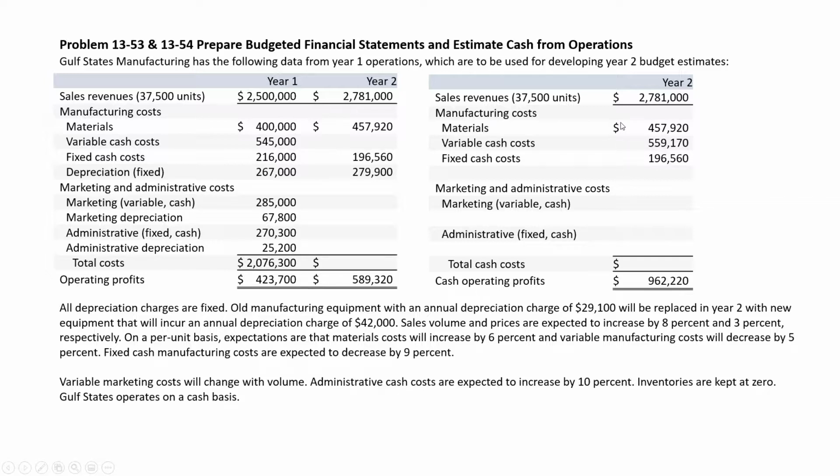Yes, sales revenue, materials, variable cash costs, and fixed costs that don't have anything to do with depreciation are also going to affect cash, but you'll notice that I didn't slide over the titles for depreciation because, again, those are non-cash charges. Ultimately, cash operating profits will be $962,220. Hopefully that gives you a nice check figure to balance to.